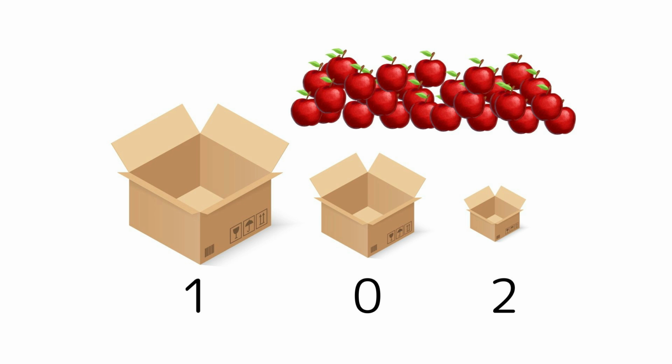The number of medium-sized boxes can be expressed using 0 to accurately represent the number of apples. Even if the medium-sized boxes are not used, no mistake can be made when tallying the number of apples by stating that 0 boxes are used. In such a case, it would be inconvenient if 0 was not used.